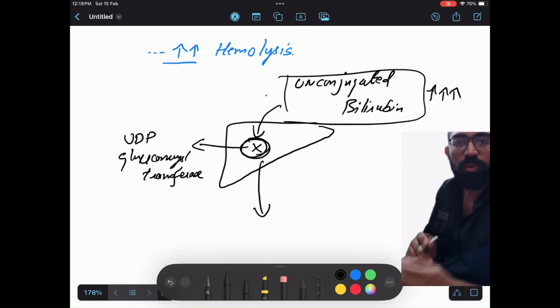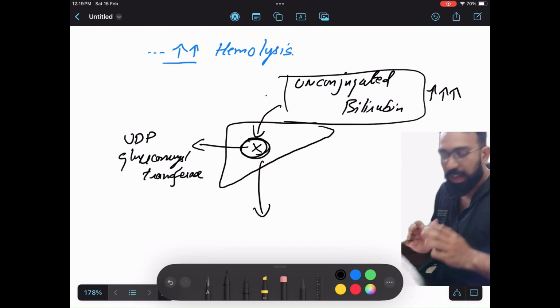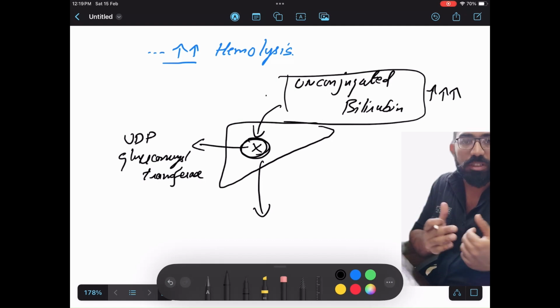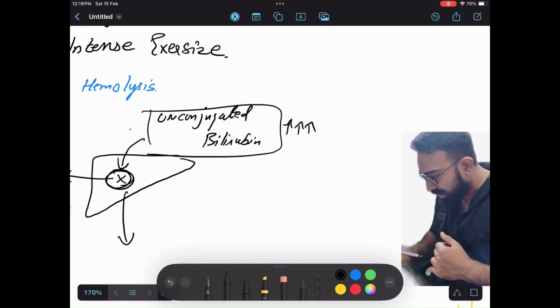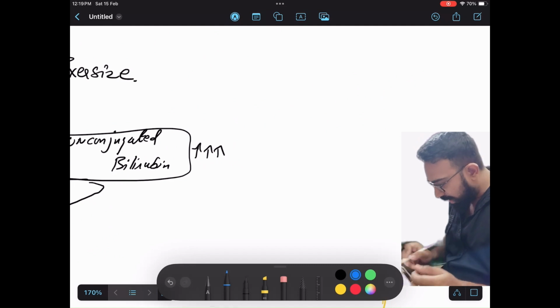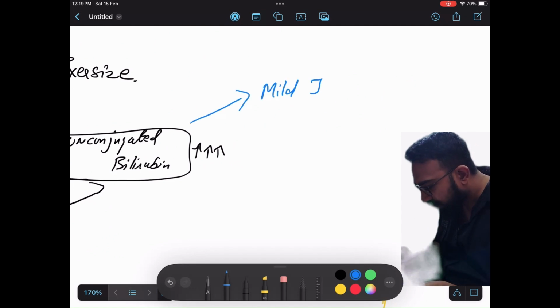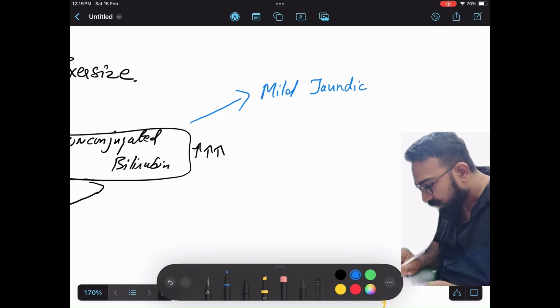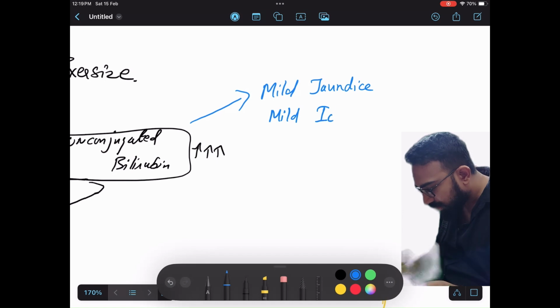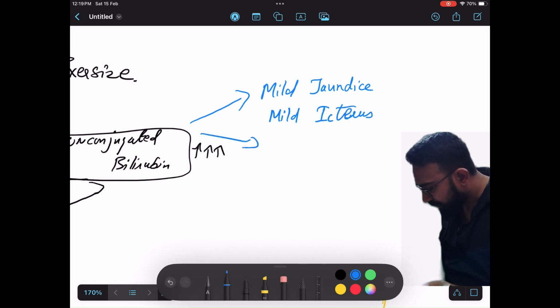What happens if there is accumulation of unconjugated bilirubin? There will be symptoms like mild jaundice, mild icterus, and little fatigue.